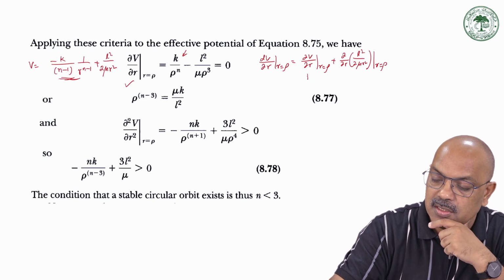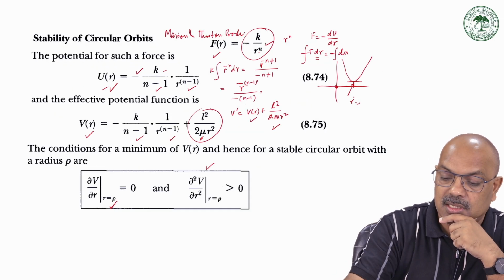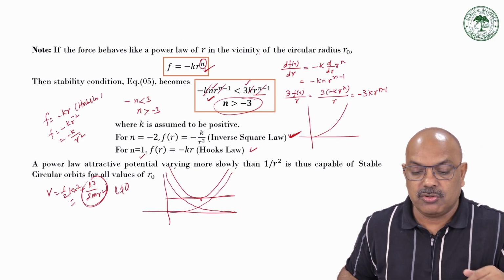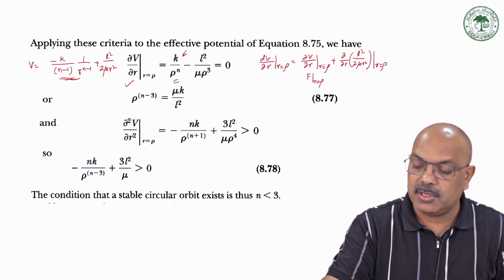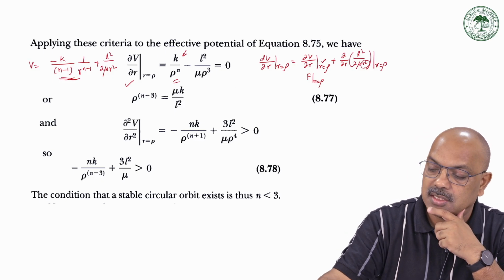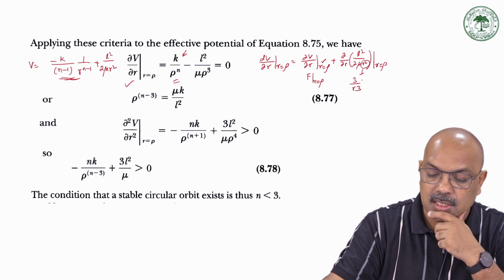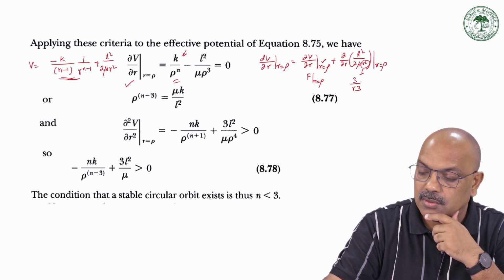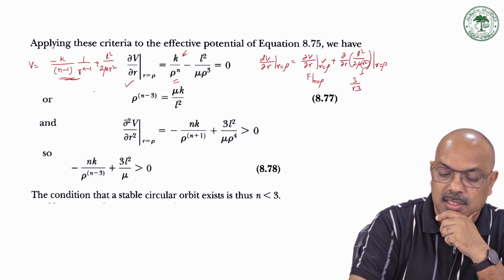This is nothing but the force at r equal to rho, which is given as k upon rho to the n, and then r squared becomes 3 upon r cubed, because you are differentiating, so r squared gives r cubed.